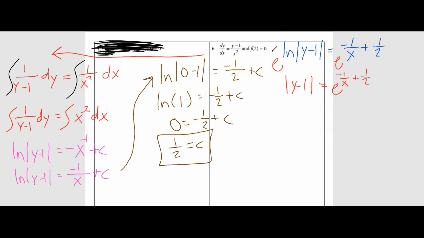What I do need to do is take both the positive and the negative of the right-hand side, though, so I can get y minus 1 is equal to positive e to the power of negative 1 over x plus 1/2, or I get y minus 1 is equal to negative e to the power of negative 1 over x plus 1/2. Now let me do my final inverse operation first, actually.